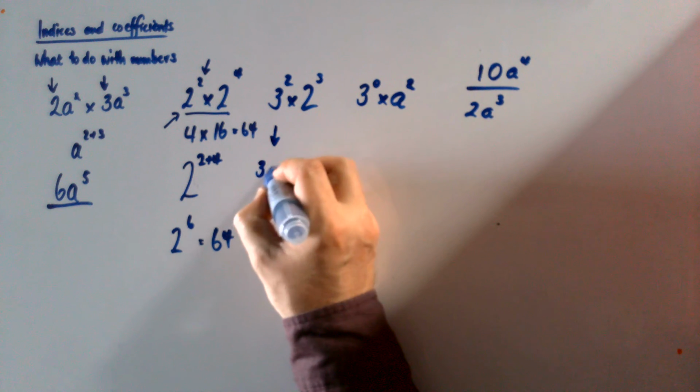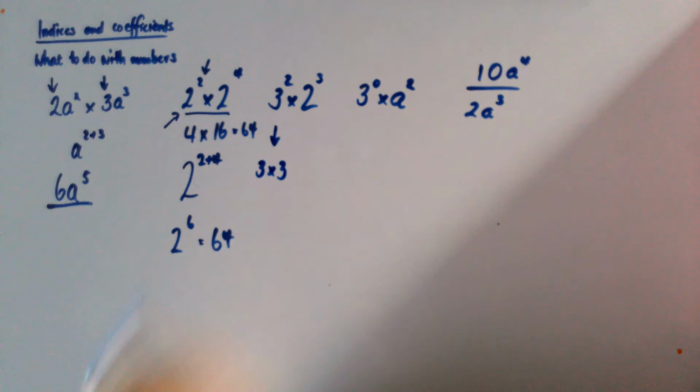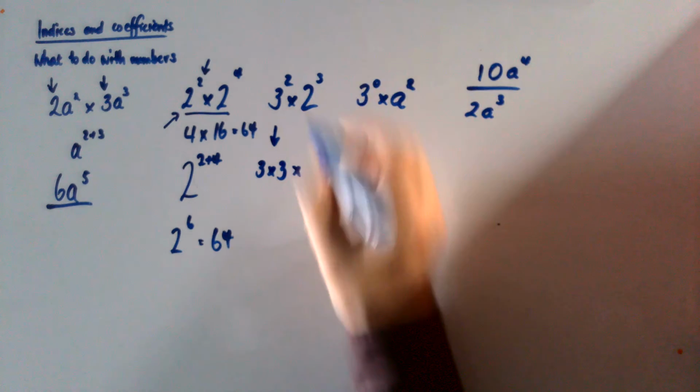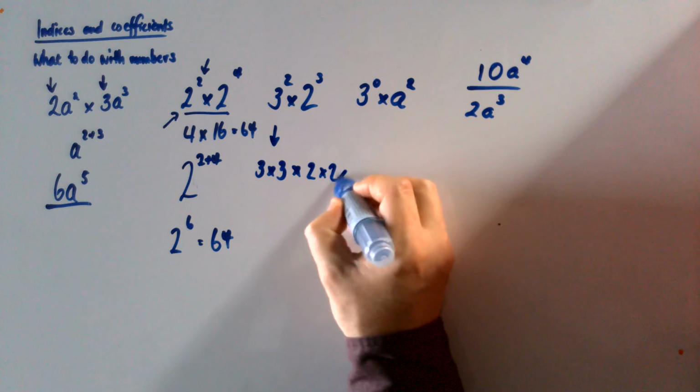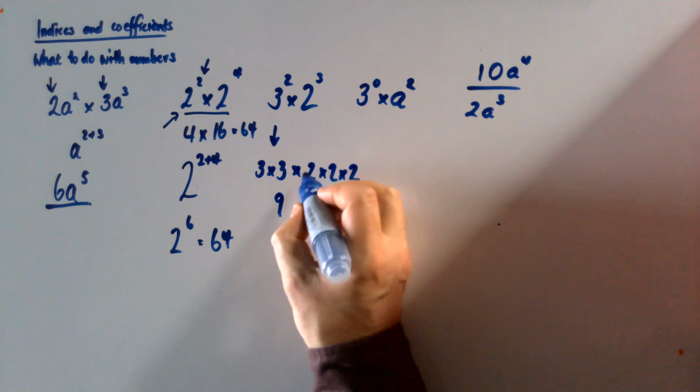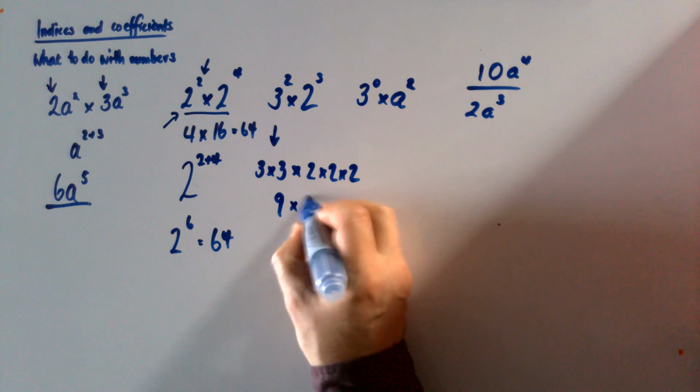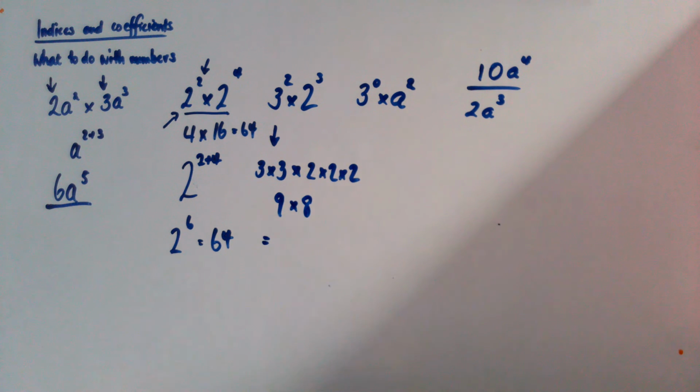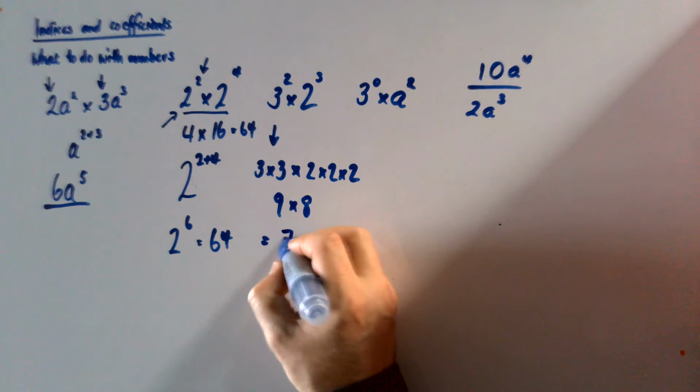So 3 squared is, remember, 3 times 3, and then I need to times that by 2 times 2 times 2. Now I know that 3 times 3 is 9, and I know that 2 times 2 times 2 is 8, and of course 9 times 8 is 72.